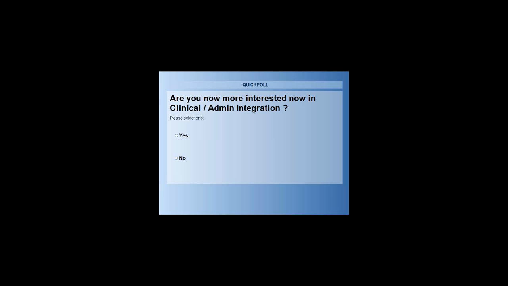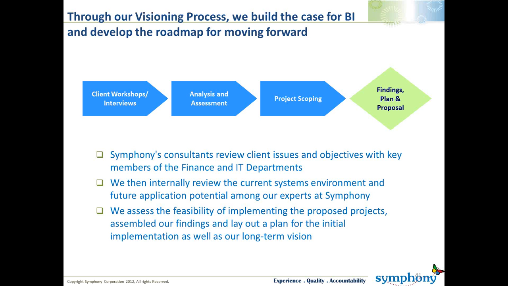I'm going to leave this up for another second, and then we're going to head to the wrap-up part of this. One of the things that we do at Symphony, this may be applicable to those of you who chose not to give yourself an A. Let me go ahead and close this poll question. Thank you all for doing that. It is a visioning process where we sit down and basically look at the totality of your requirements within the scope we agreed to. We look at the tools you have and or related tools. In this case, we might look at Lawson's Healthcare Analytics.